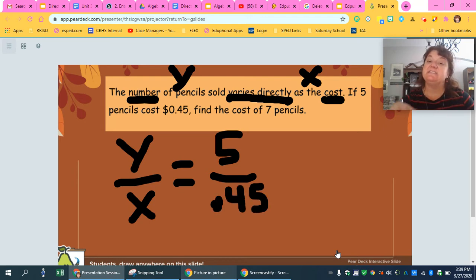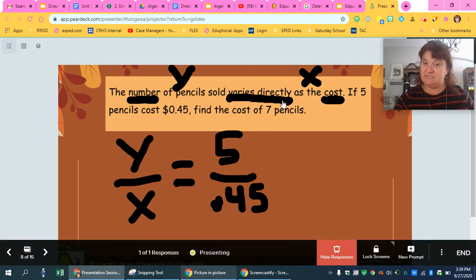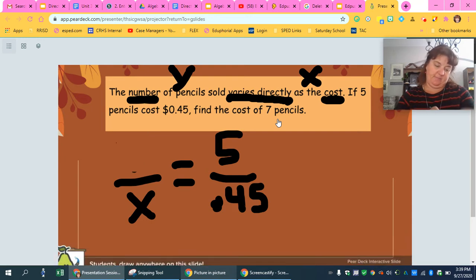Find out the cost of 7 pencils. 7 is a number of pencils, so that's going to go with the y. When I erase it on here, I'm going to erase the y and put in 7. Now we're just cross multiplying.